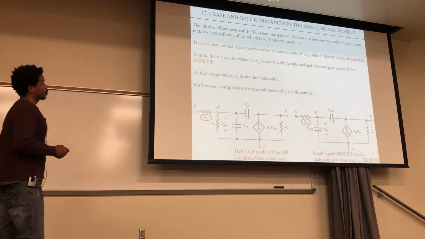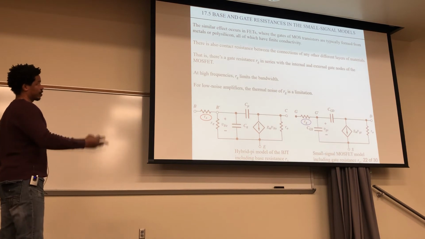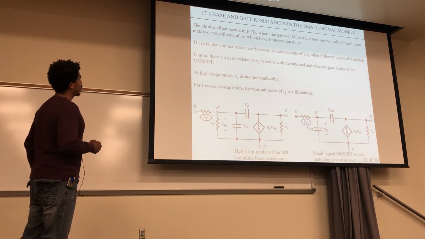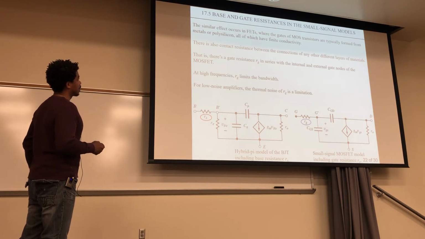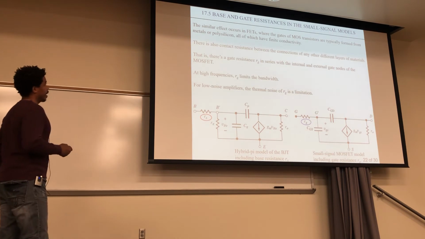And there's a gate resistance RG in series with the internal and external gate nodes of the MOSFET. At high frequencies, RG limits the bandwidth, and for low noise amplifiers, the thermal noise of RG is a limitation. And this is the case here.